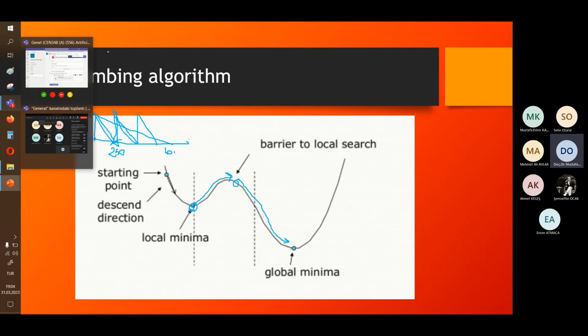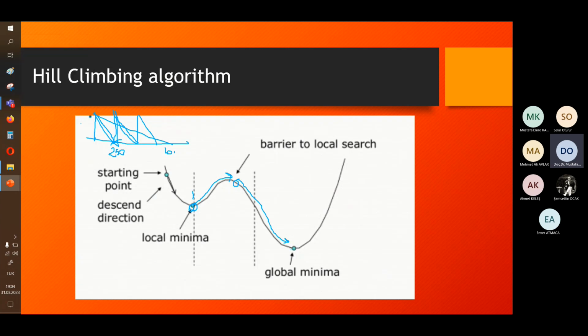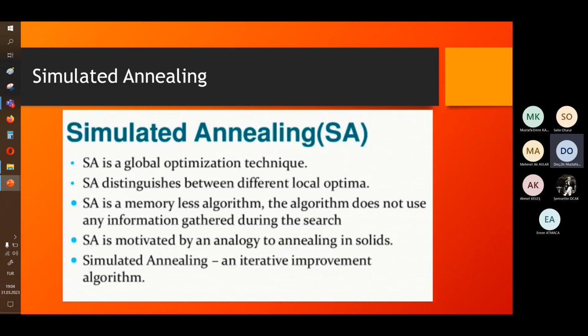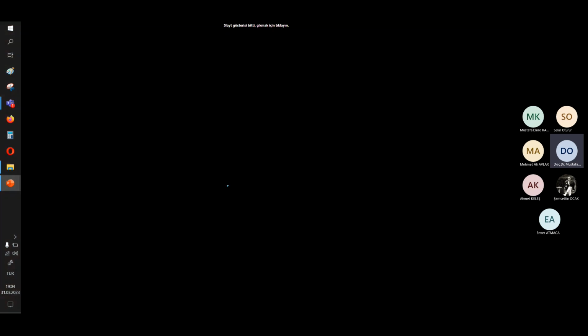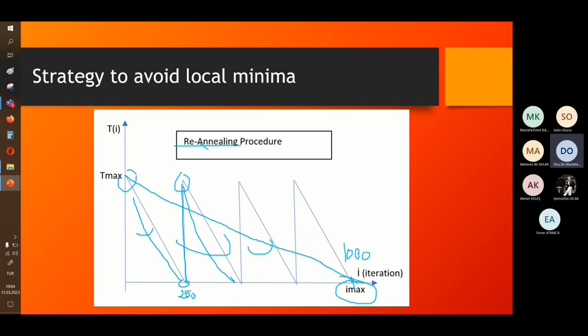And in this way, if you get trapped in a local minimum, you will be freed up, and you may find where the global solution is. So I have introduced you to the re-annealing procedure.